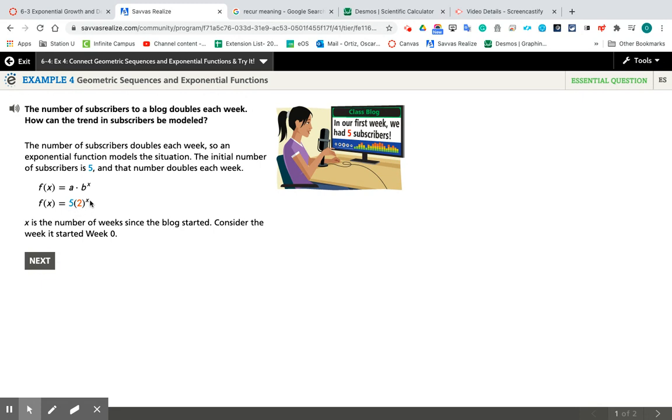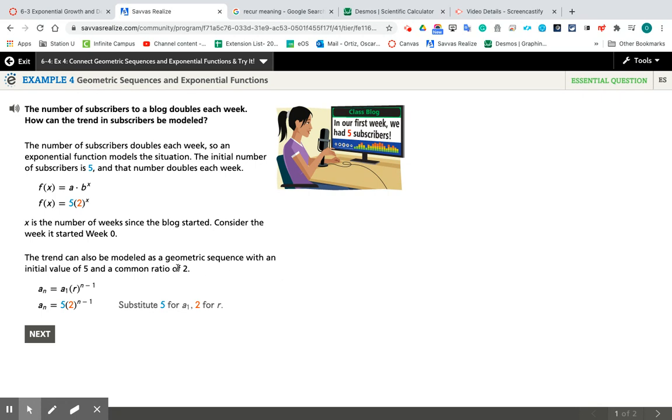When you replace x by 0, you see that you get 5. That's the initial number, right? So what is the difference with the other one? Well, the common ratio we know is 2. So the explicit formula will look like this, and you can tell that there is an n minus 1.